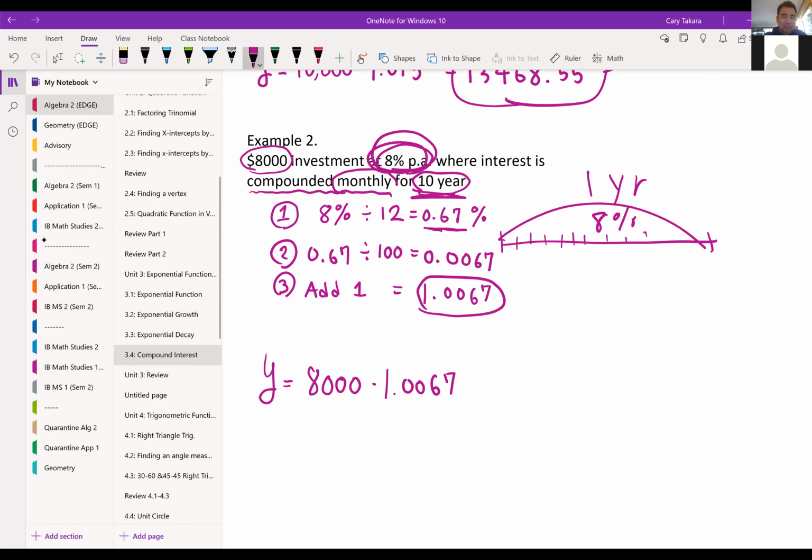I know it's a lot, but because we are counting monthly, you have to ask yourself, how many months are there in 10 years? You can't just put 10. That means it's 10 months. But 10 years times 12 months each year, that's 120. So we've got to use 120 for the time. So what do we get?